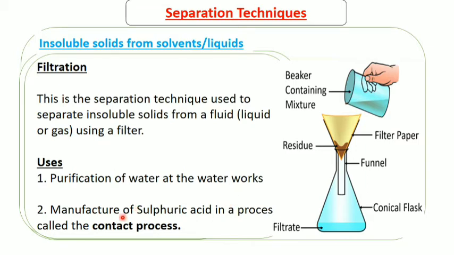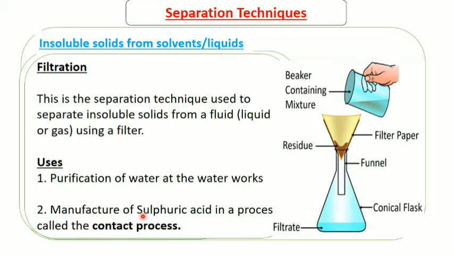Then the other one is manufacture of sulfuric acid in a process called the contact process. So sulfuric acid is one of the acids actually that are commonly used, and it is manufactured using one of the reactants called sulfur dioxide.